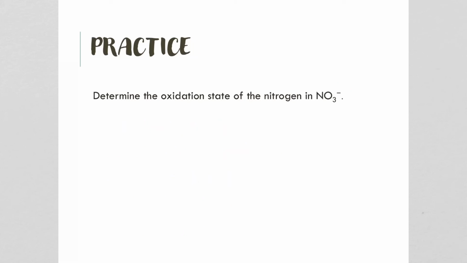In our next example, we're being asked to find the oxidation state of the nitrogen in the nitrate ion. So we know again that the oxidation state for oxygen is going to be -2. And because it's an ion with a -1 charge, our oxidation states have to add up to -1.